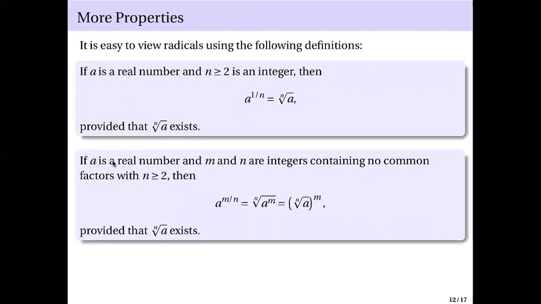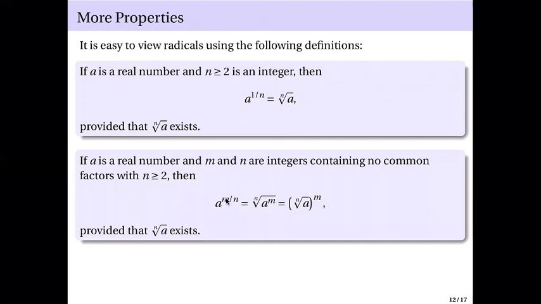Okay? So if a is a real number and m and n are integers containing no common factors, with n greater than or equal to 2, then we have the following expression.